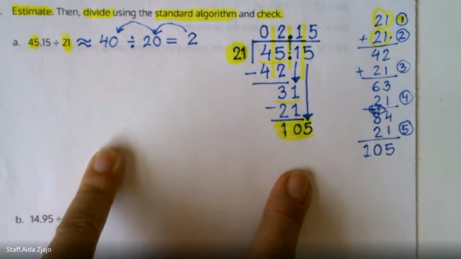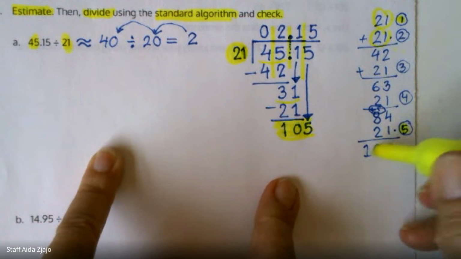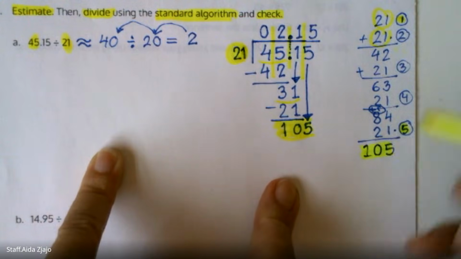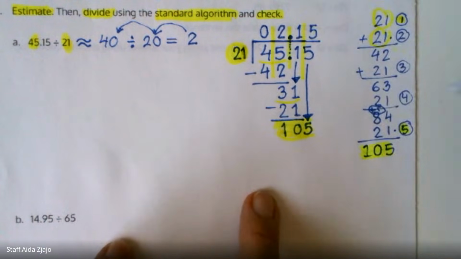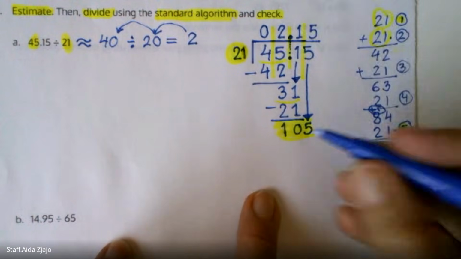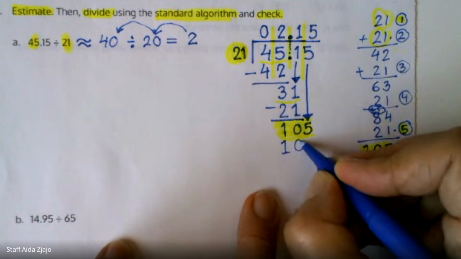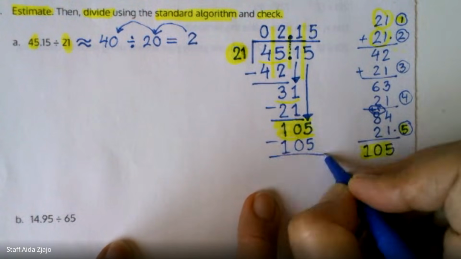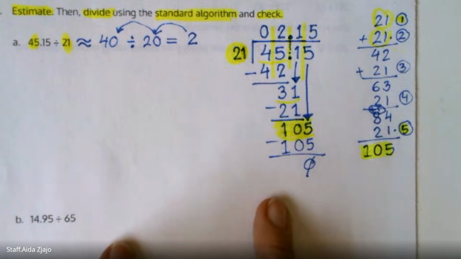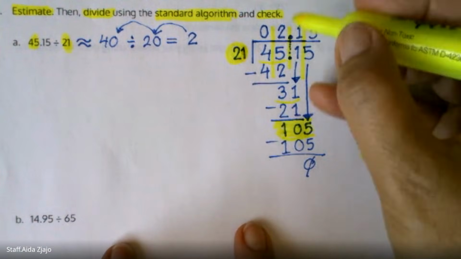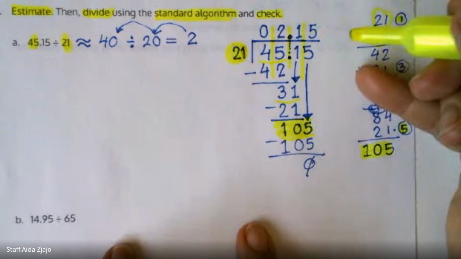So now we have proof that 5 times 21 is 105. So our 5 is correct. And then I have no leftover.